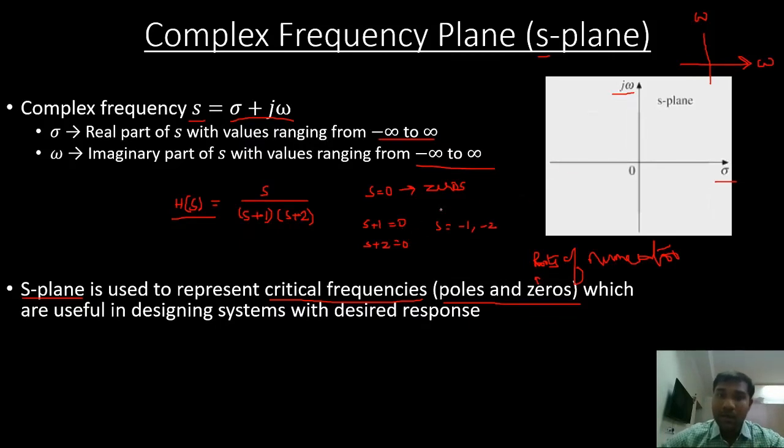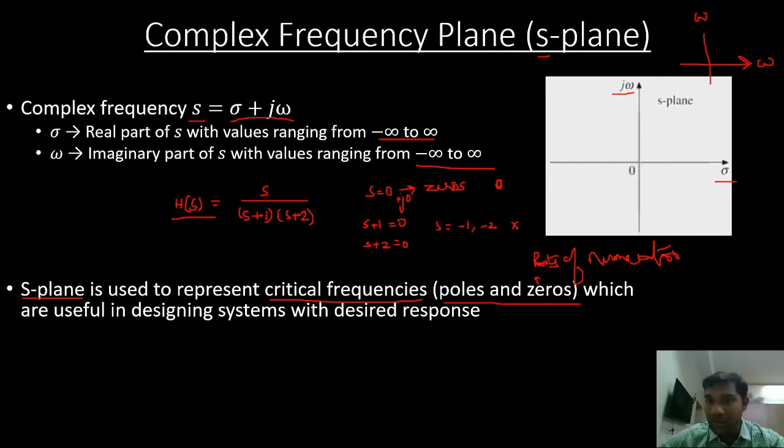So I will represent my zeros and poles in my s plane. How? Zeros are represented by a circle, and poles are represented by an X mark or a cross mark in my s plane. So at s equals 0, I have a zero. 0 means I can write it as 0 plus j0. Real part is 0 and imaginary part is 0.